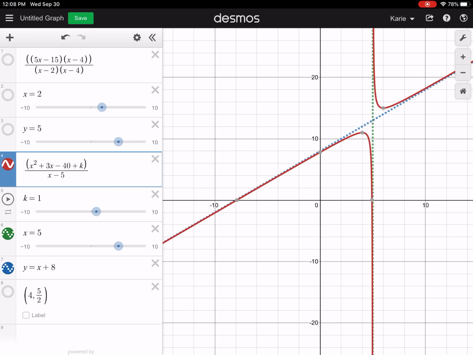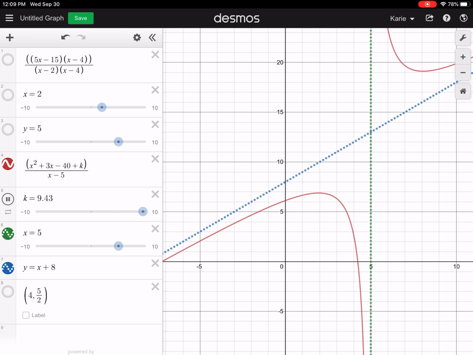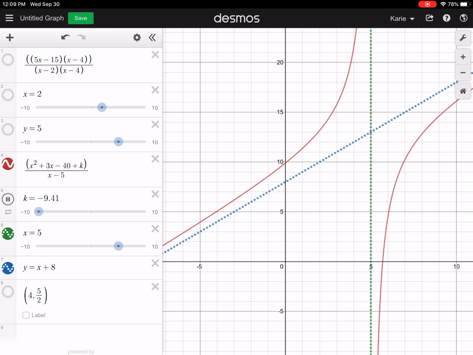You can see in here that y equals x plus 8 and x equals 5 are asymptotes. Right now I'm plugging in a 1 for k. But notice I can hit that little play button, and as it changes, now at 0, it's going to do something weird.